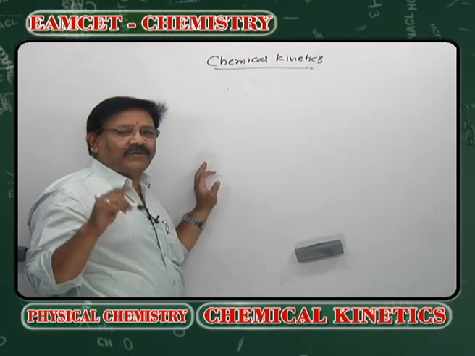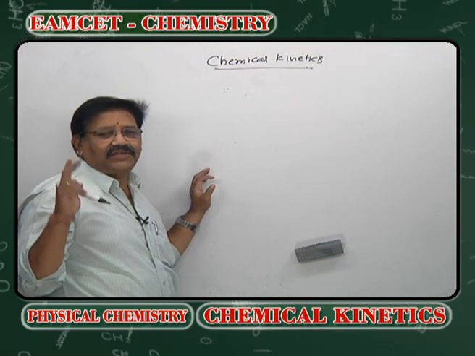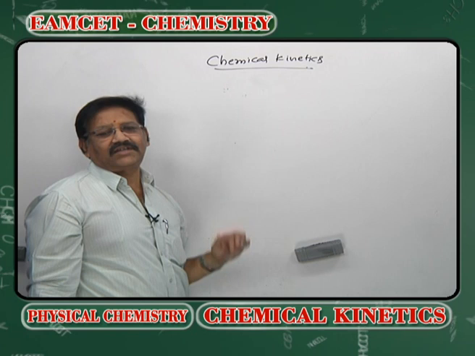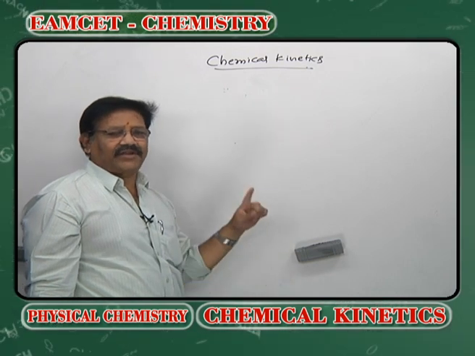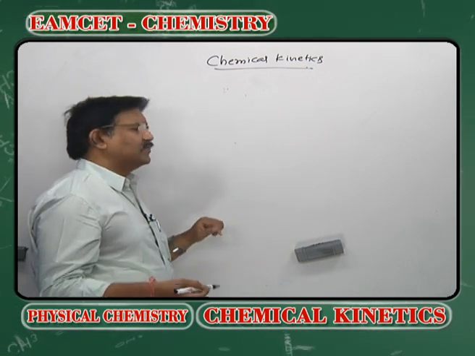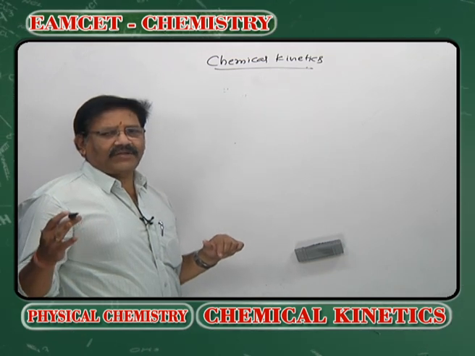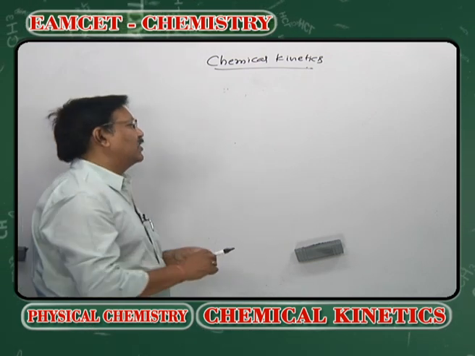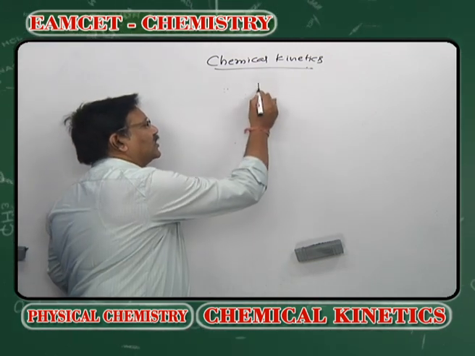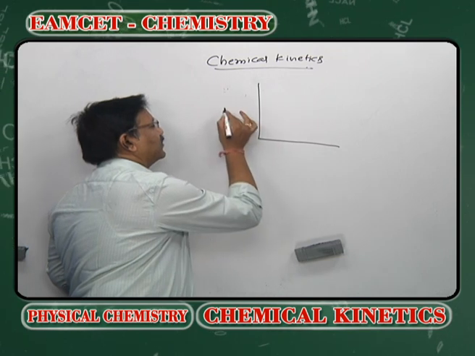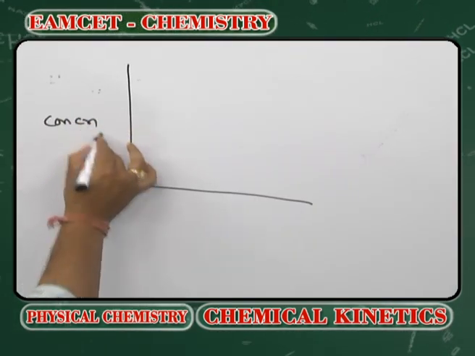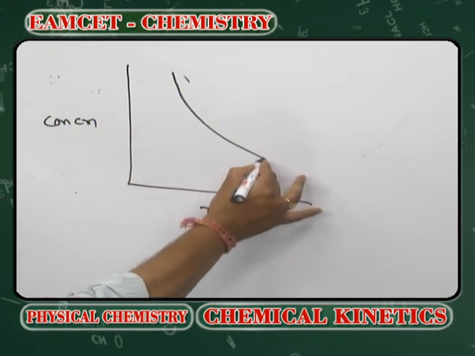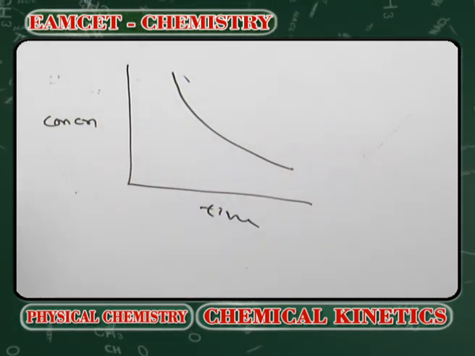There are two ways of expressing the rate of the reaction. One is average rate and the other one is instantaneous rate. Both the average rate and instant rate can be determined graphically. When we take a graph between concentration and time, we get a curve, because concentration varies with time exponentially.